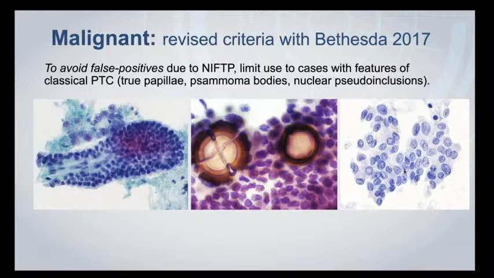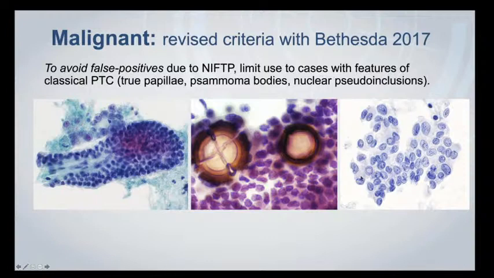And people began to wonder, well, how can we ever call anything malignant on cytology, again, if we can't exclude papillary thyroid carcinoma? Well, there are some features that will allow you to exclude a NIFT-P. And one of them is finding true papillae. So if you have true papillae on your FNA, you know it's not going to be a NIFT-P. If you have psammoma bodies, you know it's not going to be a NIFT-P. If you have necrosis, you know it's not going to be a NIFT-P. If you have special features, like tall cell features, it's not going to be a NIFT-P.